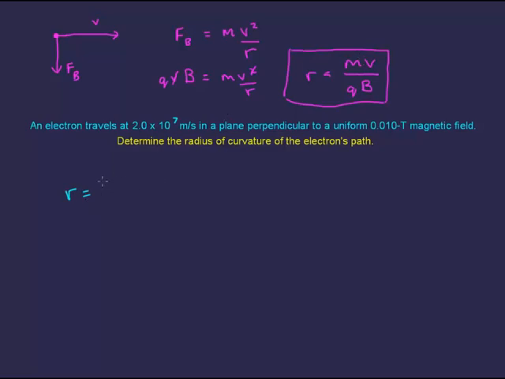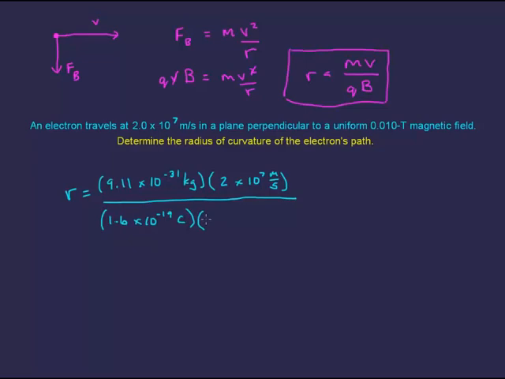So the mass of an electron, 9.11 times 10 to the negative 31 kilograms. The velocity, 2 times 10 to the 7 meters per second. The charge of an electron is 1.6 times 10 to the negative 19 coulombs. You notice I didn't put the negative in there.